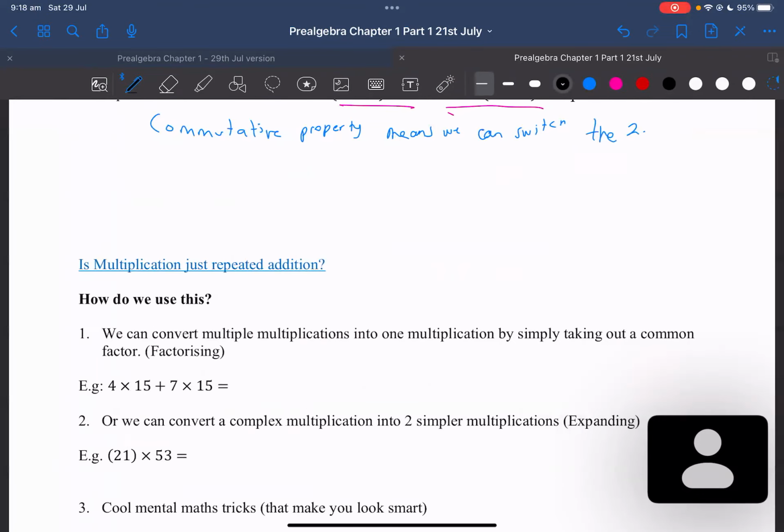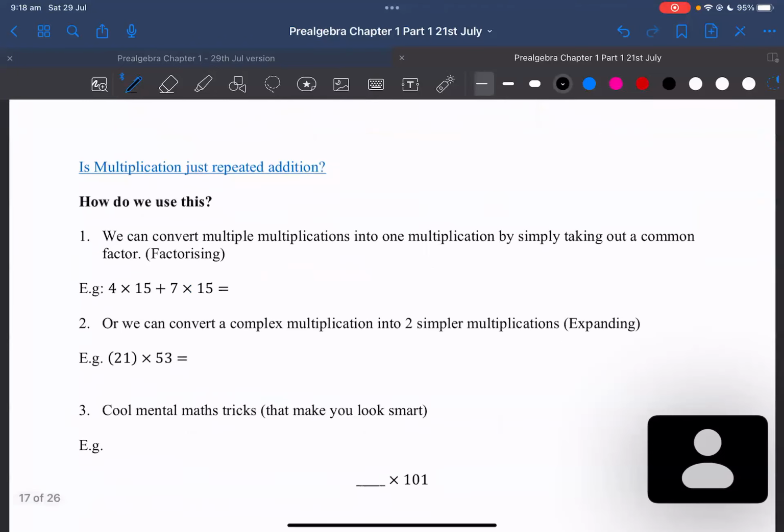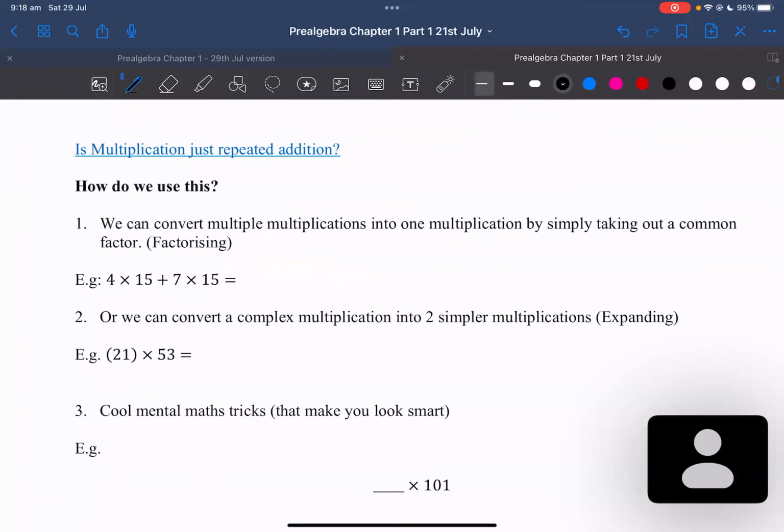Okay, so now how do we use this distributive property? We saw it in the problem, we're going to talk about it more explicitly now. First of all, we have a lot of multiplication going on, so we can make it just one multiplication if there's a common factor. There's only 2 here, but another example would have 3, 4, 5 multiplications.